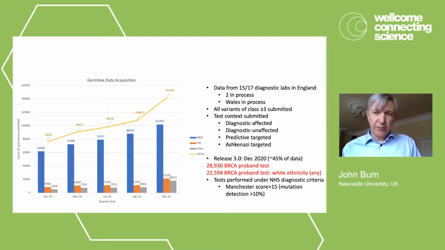But remember, all of these patients have been selected because of a high Manchester score. That is to say, there's a greater than 10% probability of them having a BRCA1 or BRCA2 variant.